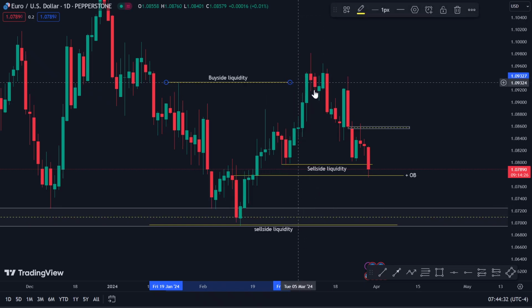That's our buy side liquidity that was taken out. Immediately after it was taken out, price went for our sell side liquidity. We have a bunch of sell stops resting below these old lows.